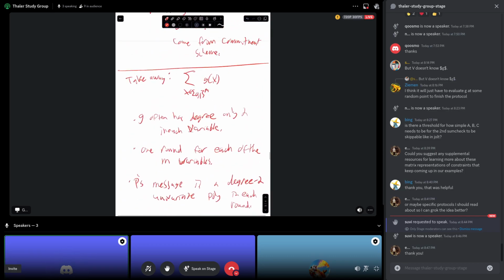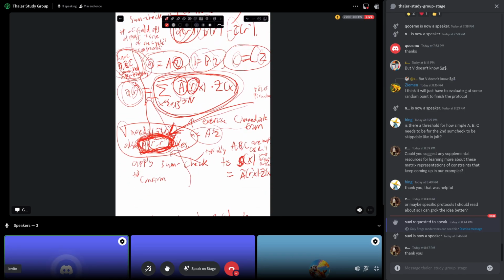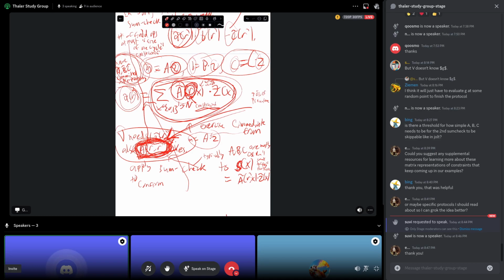At the end of the first sum-check in Spartan, the first entry of a twiddle tells you which row you are in, which constraint you are dealing with, and the second tells you which column you are in, that is, which witness variable you are dealing with. After the first sum-check, we fix the constraint variables to some random value. That replaces all capital N constraints with a random linear combination of all of them. And it's nicer to have one random linear combination constraint rather than capital N different constraints.